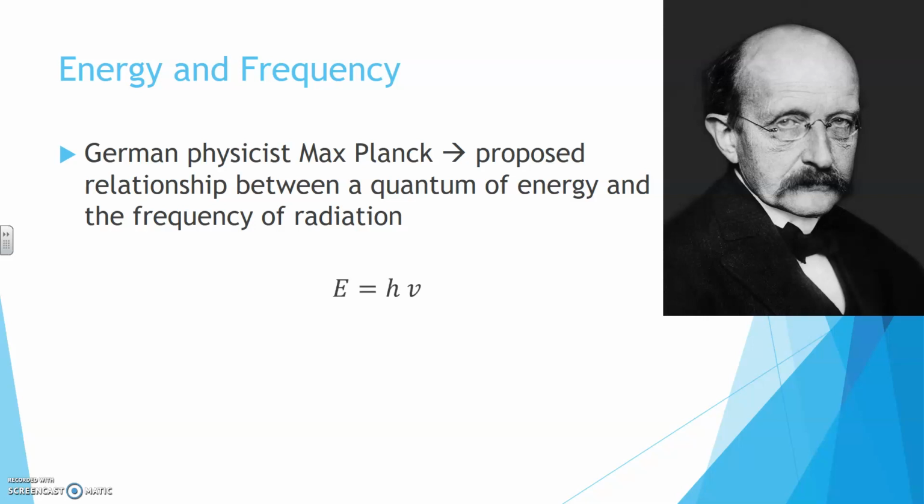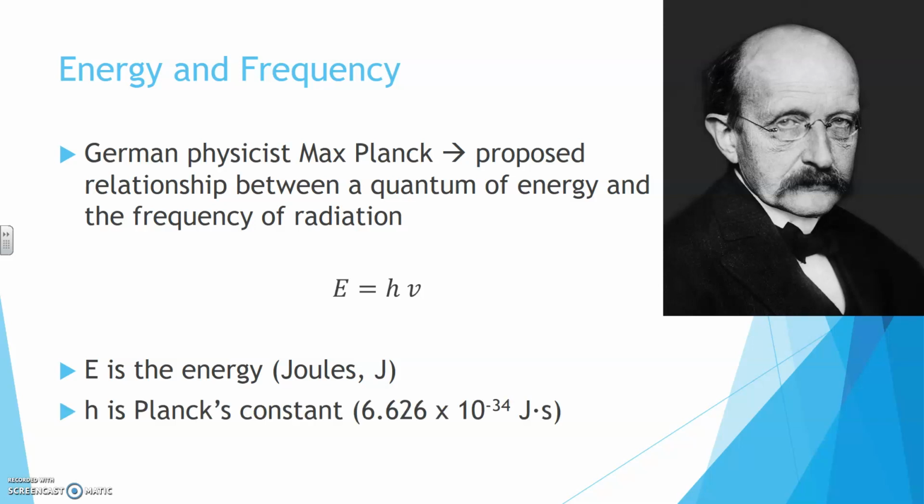He came up with this formula: E equals hv. V is still your frequency, in units of 1/seconds. E is the energy, in joules, which is the new unit. We haven't really used it yet, but J, joules. h is Planck's constant.